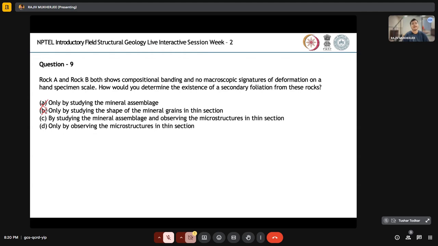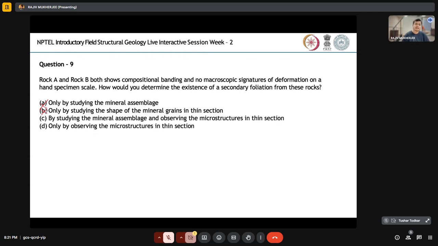We observe the structures within the grains, if there is some formation of subgrains, high angle grain boundary, low angle grain boundary, recrystallized grains, about to recrystallize grains, relic grains, porphyroclast, porphyroblast, tail of a porphyroclast, pressure shadow zone. All these kinds of things are generally coined as the term microstructure, right?